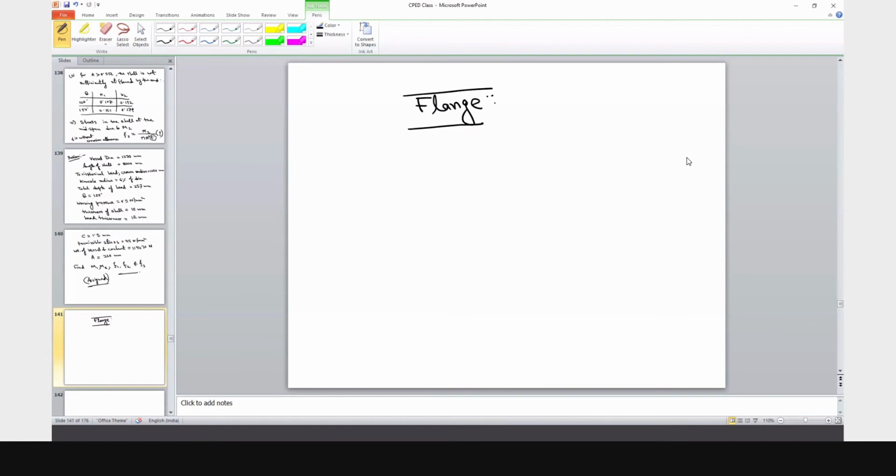Now for joining two parts, the two pipes, we use flange.